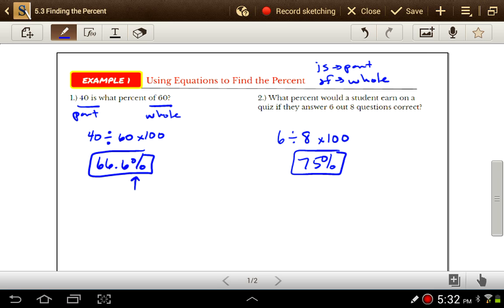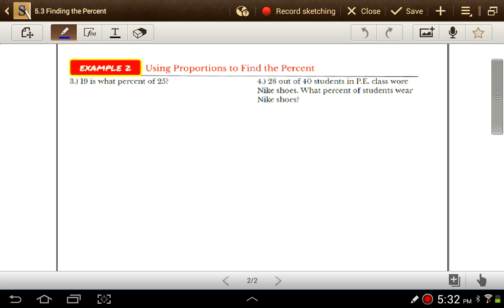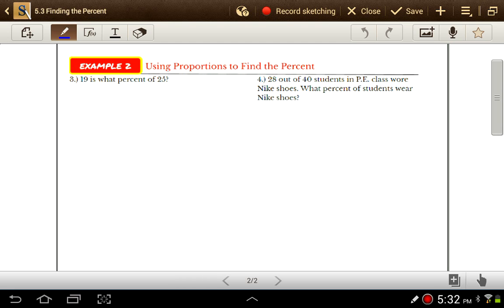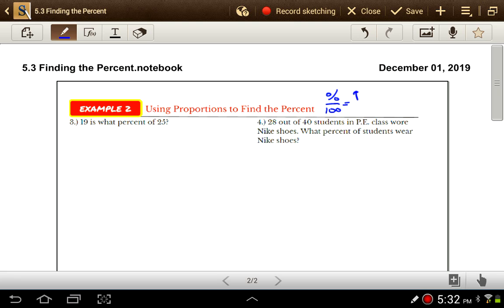Okay, I'm going to move on to example 2. And in example 2, we're going to be using proportions to find our percent. Remember, proportions are percent over 100 equals our part over our whole amount. So when we write these, we're going to take a percent, what percent, that's unknown. So I'm going to do n over 100 equals 19 over 25.